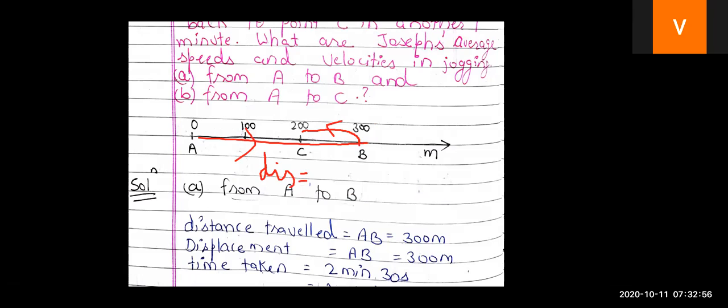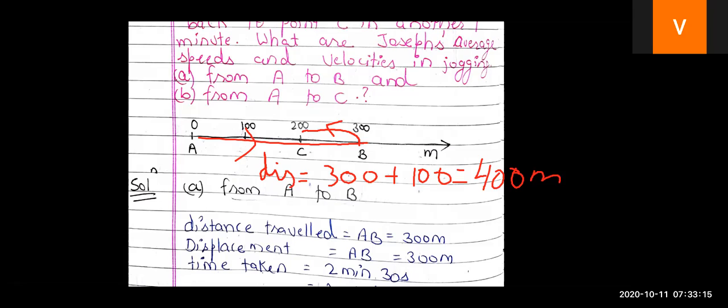First he went 300 meter, and then he went 100 meter back. So the total distance he jogged when he reached point C from point A was 400 meter.